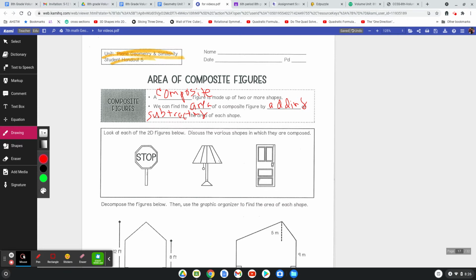So if we look at each of these 2D figures, what could be the various shapes in which they are composed? Like if you see the stop sign, this would be a rectangle here. We could split this stop sign right here, and that could be a trapezoid, a rectangle in the middle, another trapezoid, or we could erase those and split them that way with the same figures.